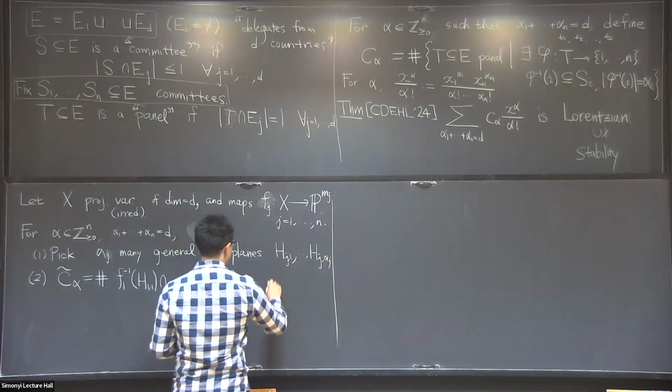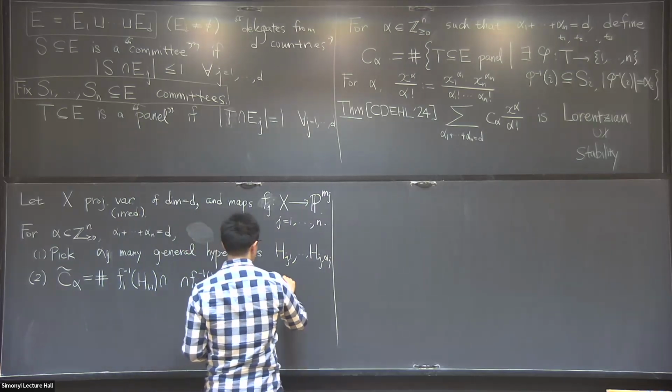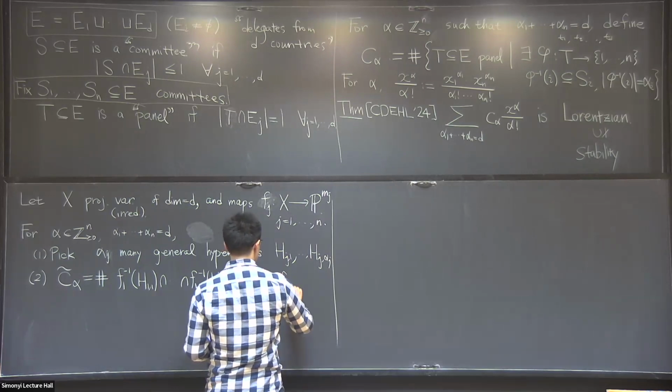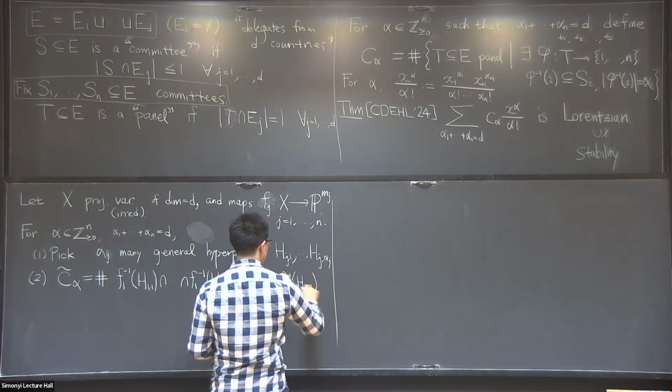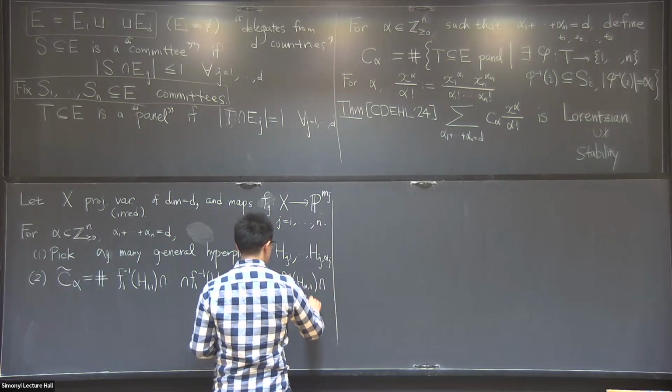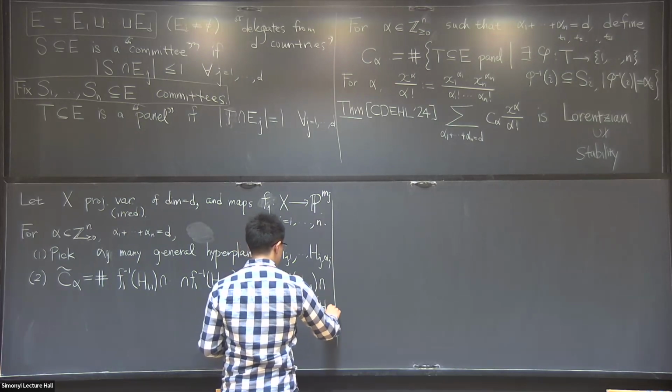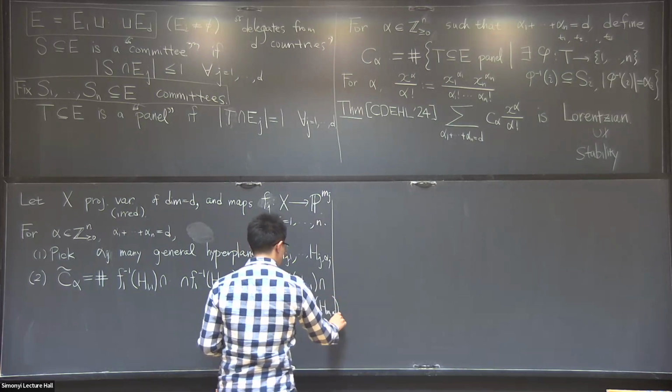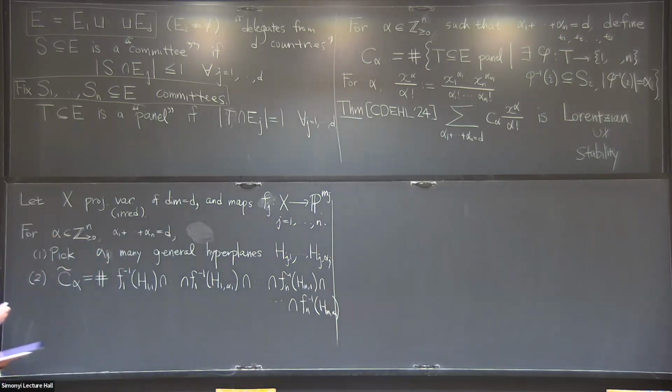And you do this for all the j's, up to Fn inverse of H_{n,1} through H_{n,alpha_n}. And for some of the alphas, it might be 0, in which case you don't pick any general hyperplane, so it doesn't appear in the intersection.